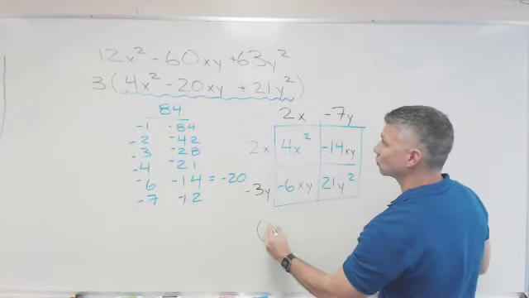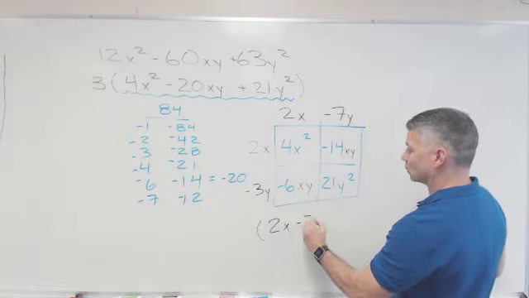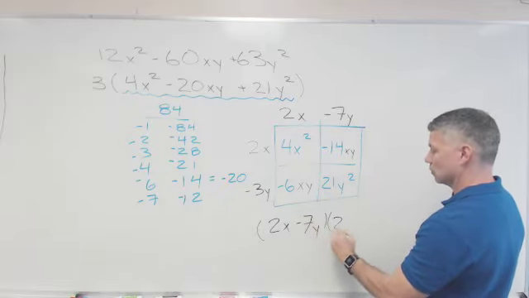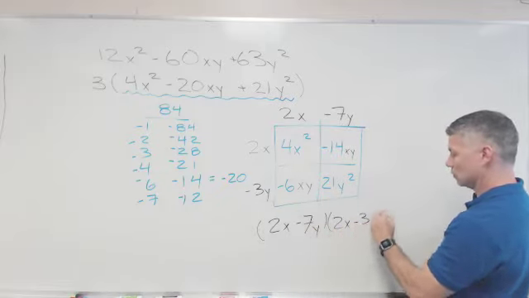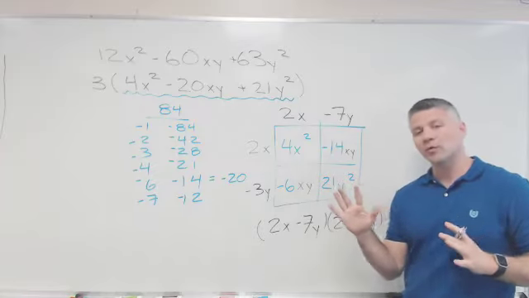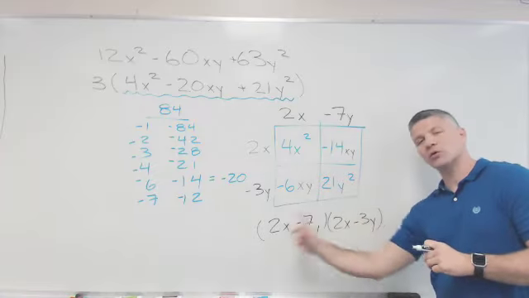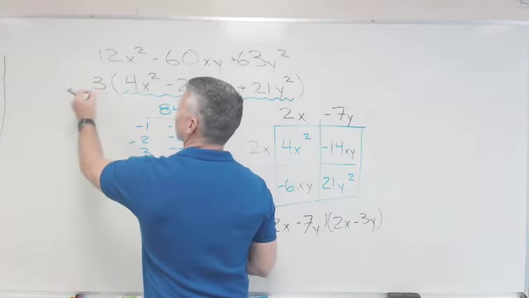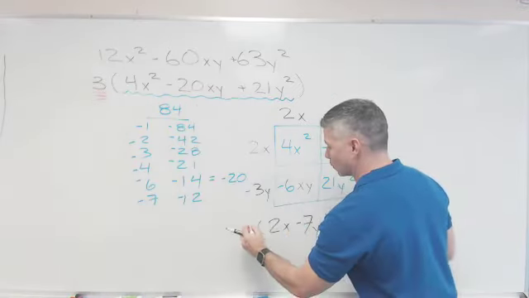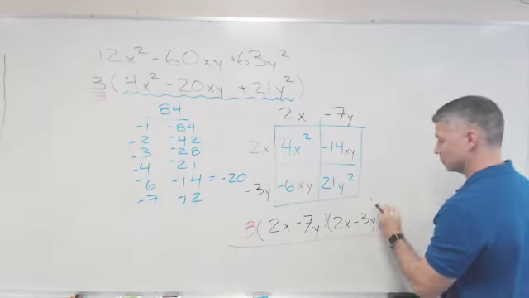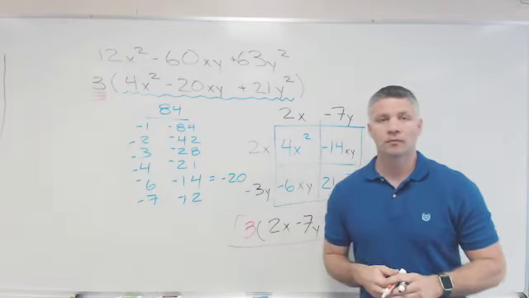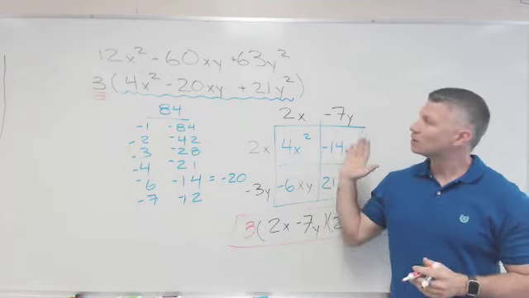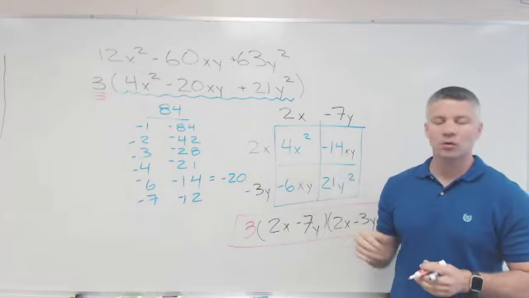We get our answer from the outside. Ooh, before you put a circle around this as the answer, we had this 3 out in front. And that's factoring slightly more difficult problems.